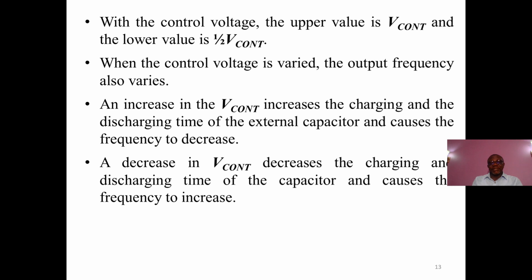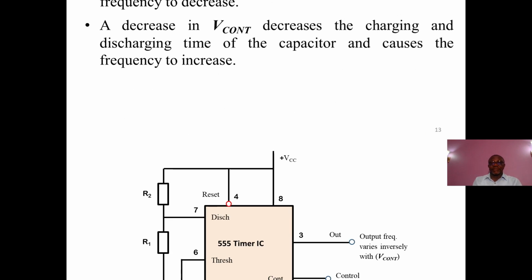An increase in V control increases the charging and discharging time of the external capacitor and causes the frequency to decrease. A decrease in V control decreases the charging and discharging time of the capacitor and causes the frequency to increase.